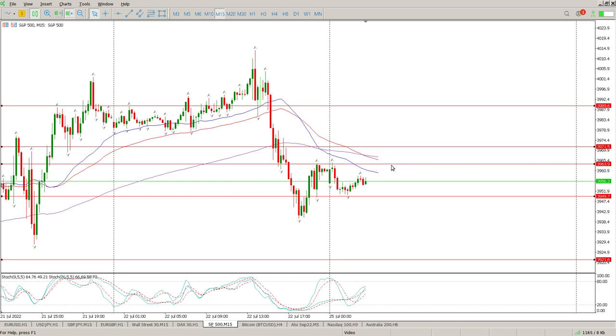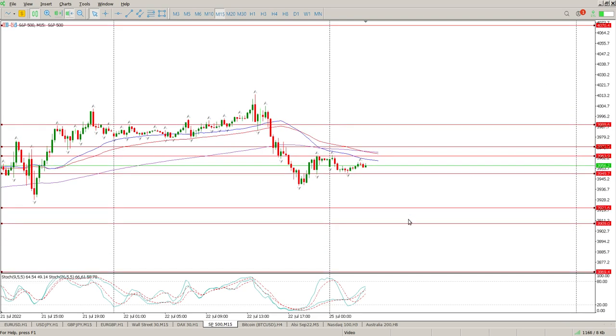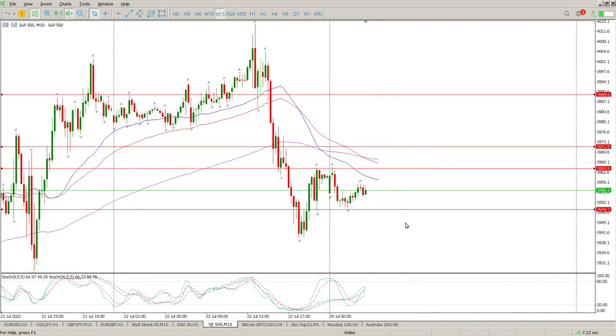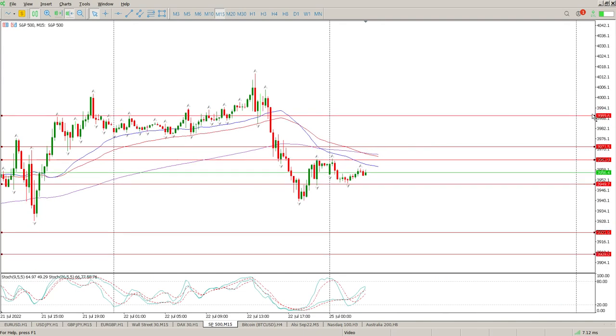Break of that structure is my entry with a limit order, and stop above that structure. And then I'm looking to see if we can get to 39.21, and 3900 would be my ultimate target. So in fact 39.09, 3900, that would get me out of that trade. Would be my take profit area.